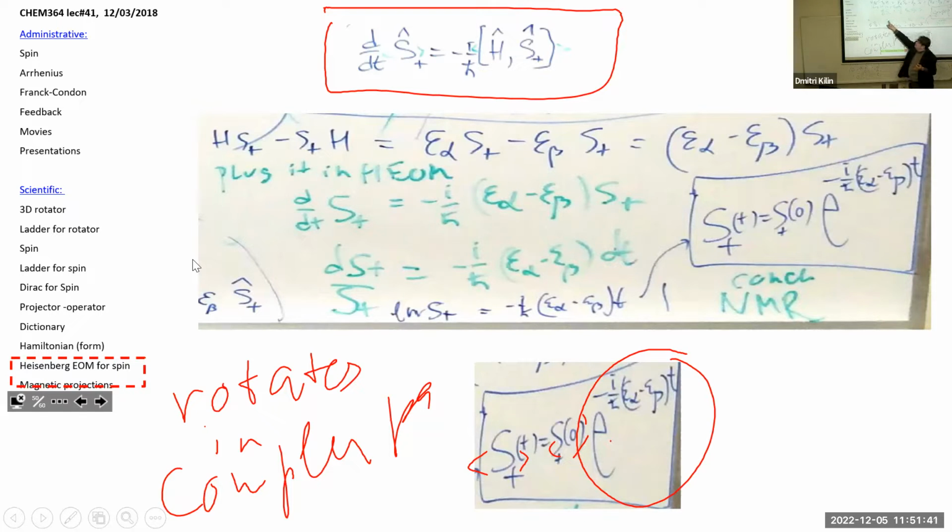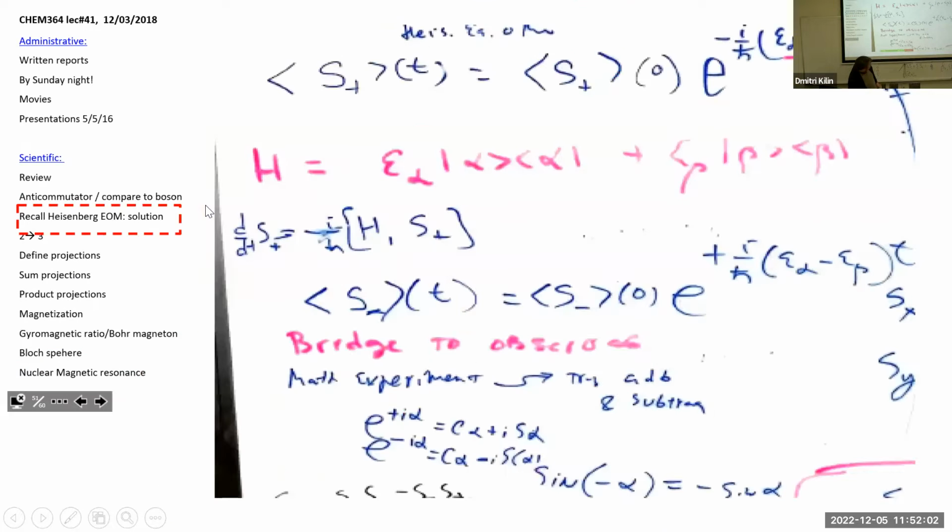So dS plus over S plus will be the energy difference times dt, which is like log here, linear here. So S plus as a function of time will be just an exponential accumulating phase according to the energy difference, right? And we can do the same trick for S minus, for the annihilation operator, right? So it just accumulates energy in the opposite direction.